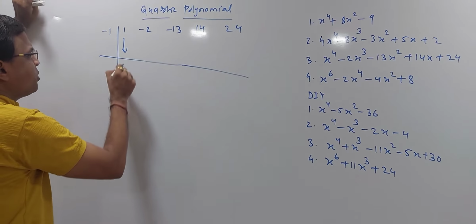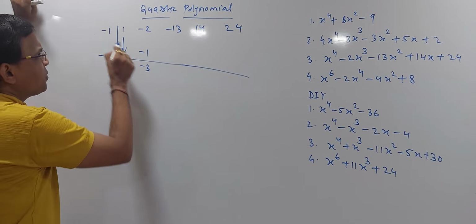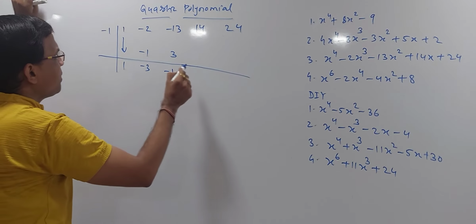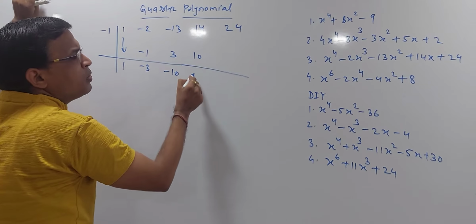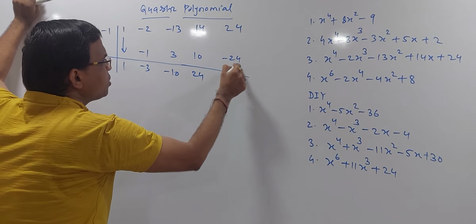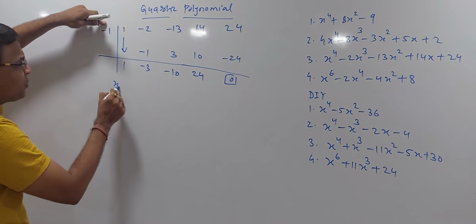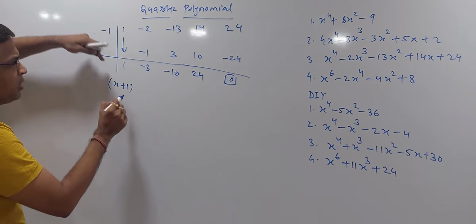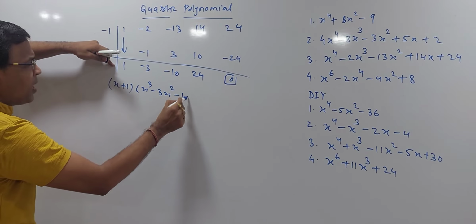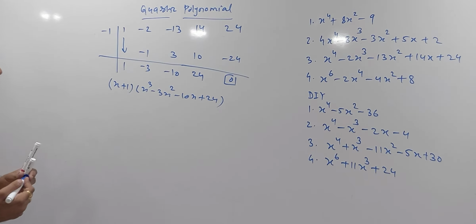Let me drop down 1, then into minus 1 is minus 1, addition is minus 3, minus 3 into minus 1 is plus 3, this is minus 10, minus 10 into minus 1 is plus 10, 14 plus 10 is 24, 24 into minus 1 is minus 24, it is 0. Fine, so ultimately x plus 1 is my one factor, and here I have x cube minus 3x square minus 10x plus 24.